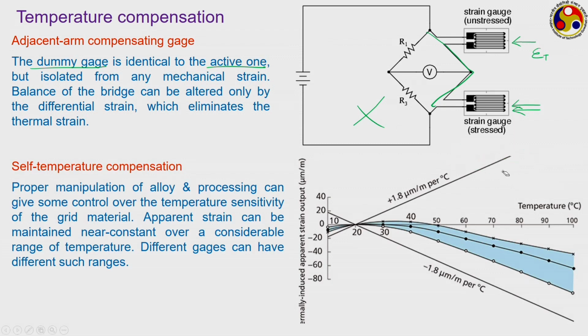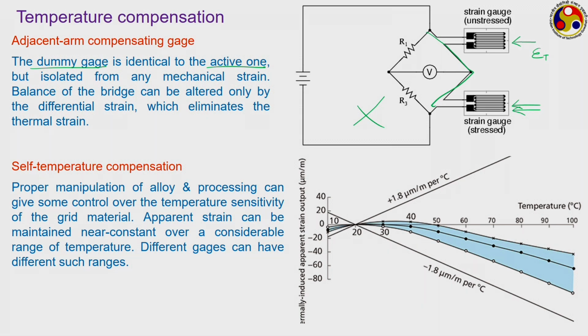Self temperature compensation refers to an inherent property of the gauge itself. By proper manipulation of the alloy which we use to make the grid, and also proper processing of it, we can have some control over the temperature sensitivity of the grid material. What we mean is that as the temperature changes, two different effects come on the gauge. One is the change in the value of the resistance because of the temperature.